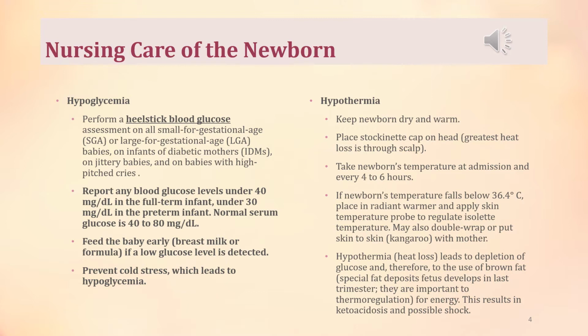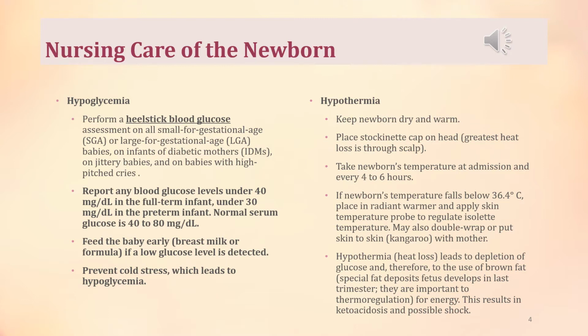Remember from last video, we talked about the Ballard score and how we come up with if the baby is small for gestational age or big for gestational age. So any of those babies that are small or large for gestational age, and any mother that was diagnosed as having diabetes, either it being gestational diabetes, regular diabetes, that baby's going to be getting blood glucoses.